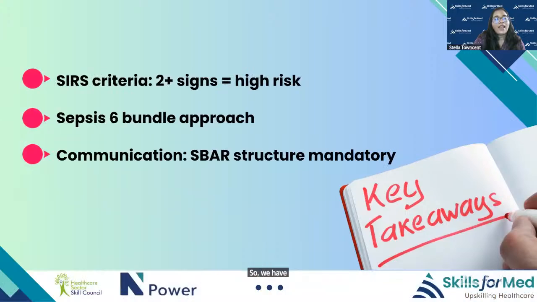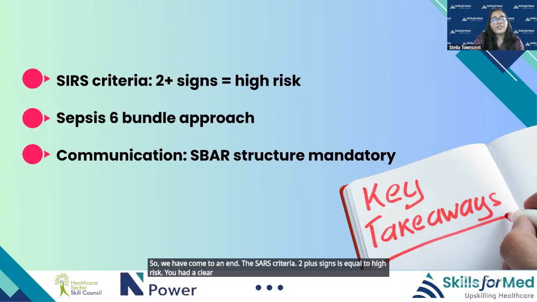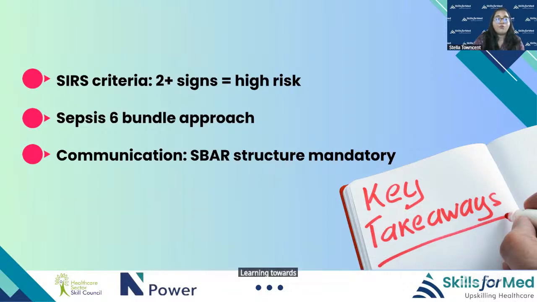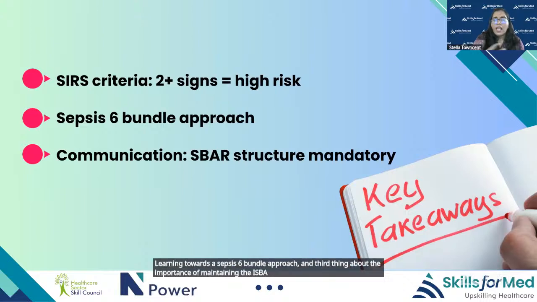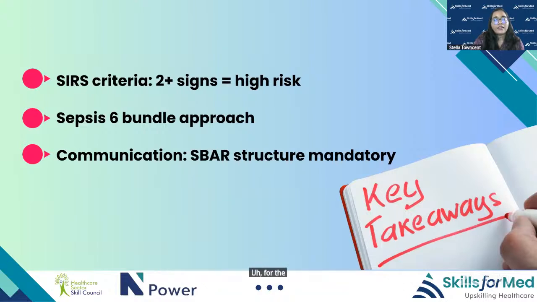So we have come to an end. The SIRS criteria: 2+ signs equals high risk. You had a clear explanation about the SIRS criteria, learning towards the sepsis 6 bundle approach, and third, the importance of maintaining the SBAR structure as mandatory, and a lot more that your doctor was dealing with. We also discussed common causes of cardiac arrest.